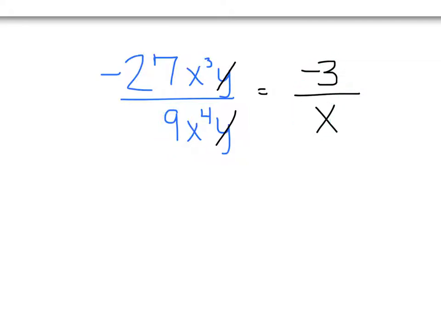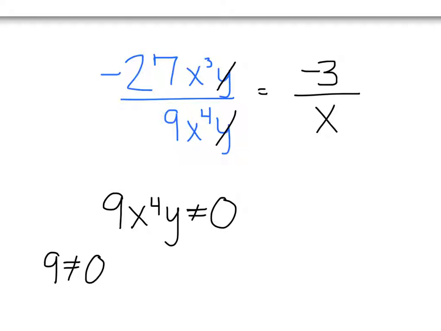Now we need to do restrictions on the variable. So the denominator cannot equal 0. So separate it out into factors. 9 can't equal 0. Well, duh. Okay, we don't need to worry about that one. Now, x to the fourth can't equal 0, and y can't equal 0.